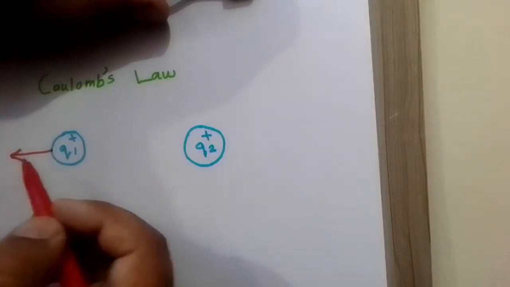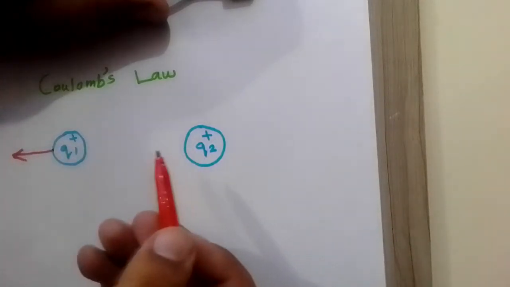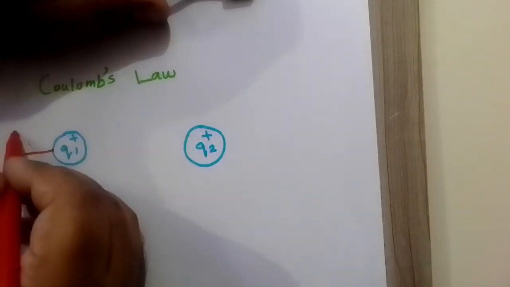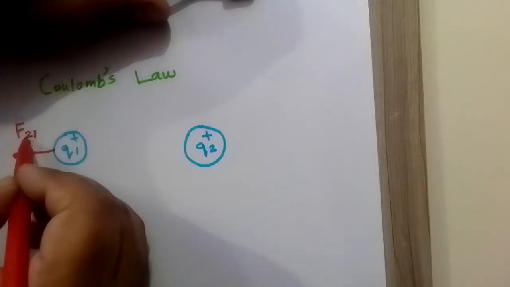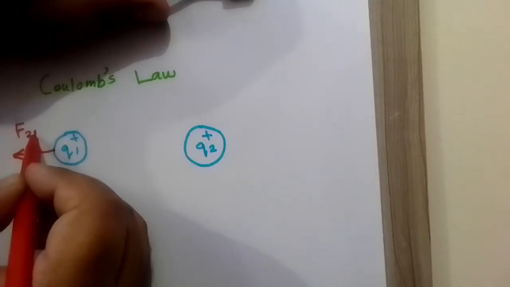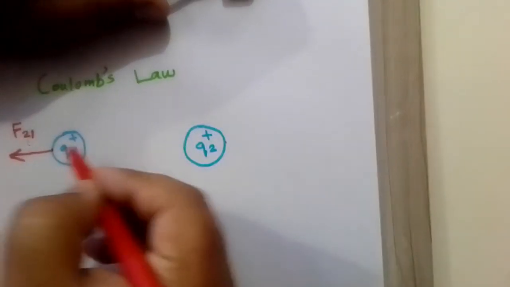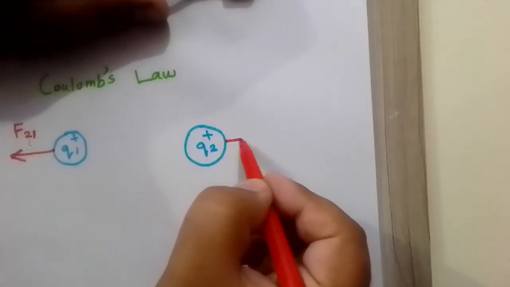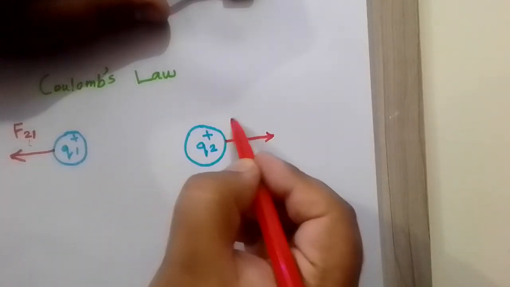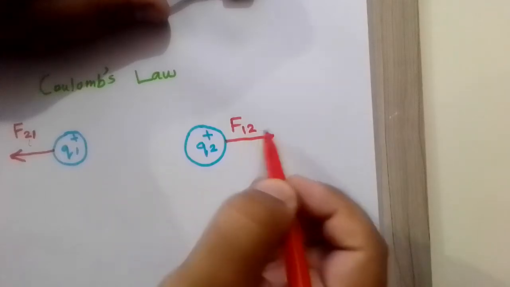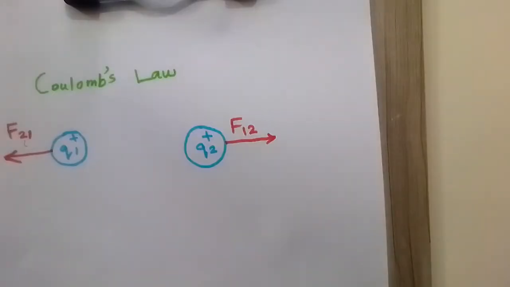This is the force which q2 is exerting on q1, so we will call it F21, the force by charge q2 on charge q1. And q1 will exert a force on q2 which will be in this direction. Let's call it F12. F12 is the force which is exerted by charge q1 on q2.